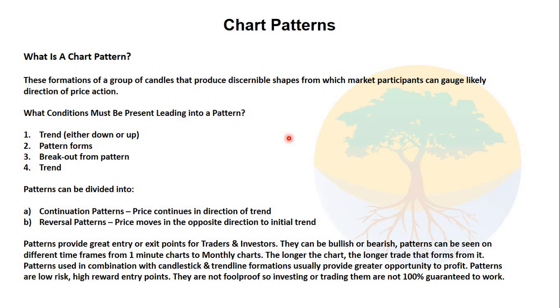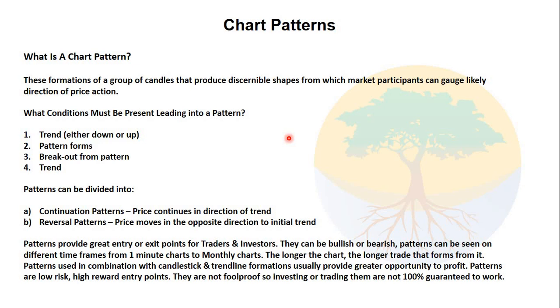So through interaction of candles, they form shapes and patterns, which you can then look at and say, okay, this pattern looks like this. And if I am going to trade it, I'm expecting that it will bring this result. And that result will give you a predictable profit that you can pursue.